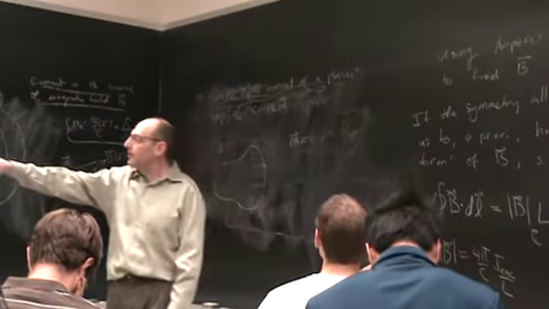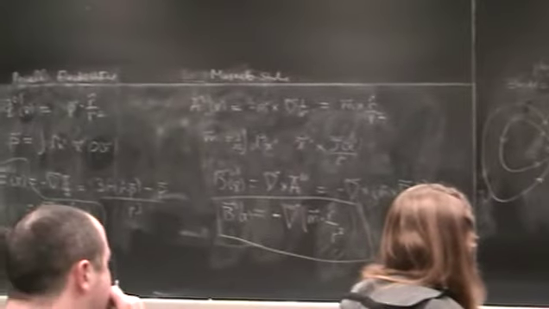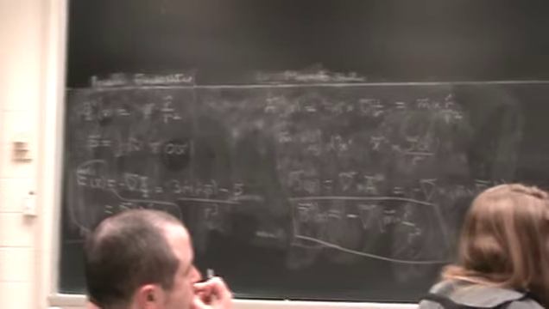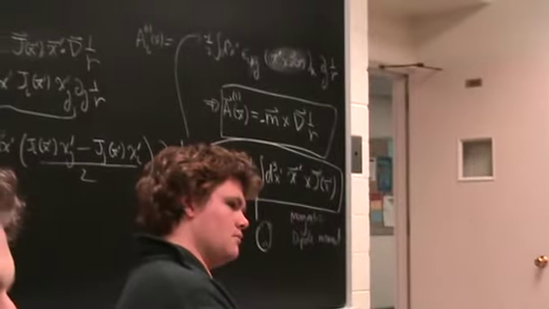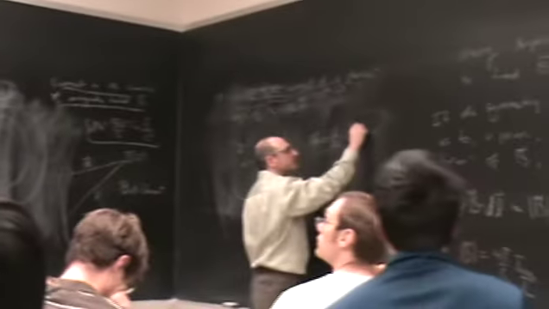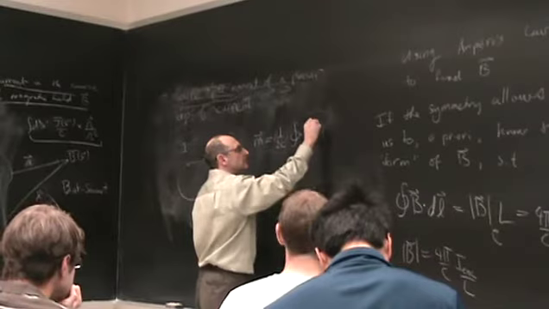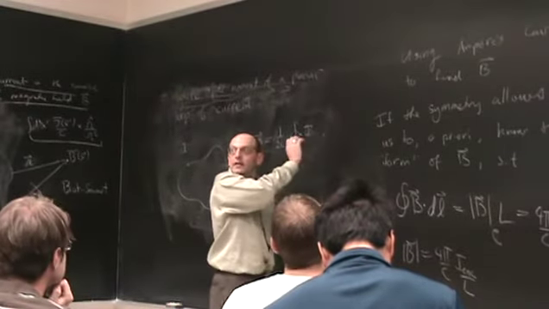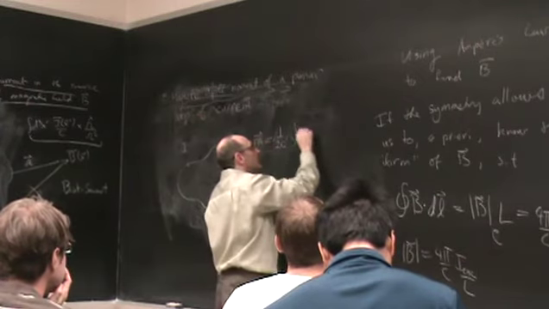Well, I've got to integrate over the source. There's my expression somewhere or other. There it is. 1 over 2c. Instead of integrating over j dx, I integrate I dl. Then I have to cross that into it.